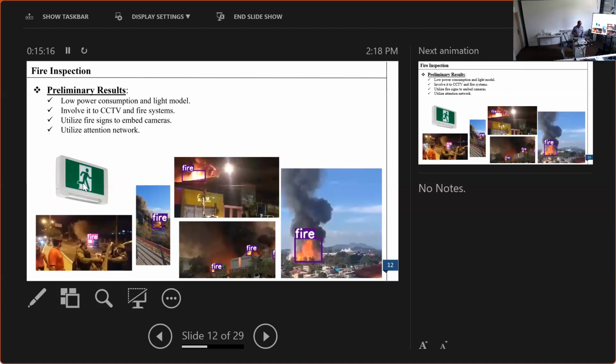For example, if we have a fire on a certain floor, we can use the exit sign to embed very small cameras to detect people. If anyone has fainted, for example, we can detect that person and order our priorities. Okay, we have a fire on floor 2 and a fainted person on that floor, so we can go directly to that floor.